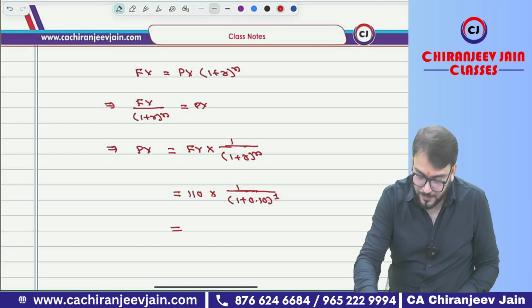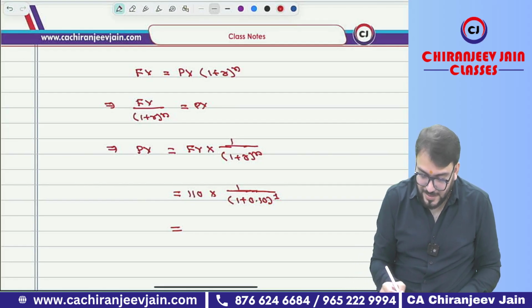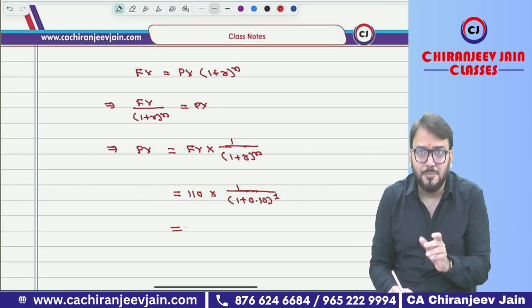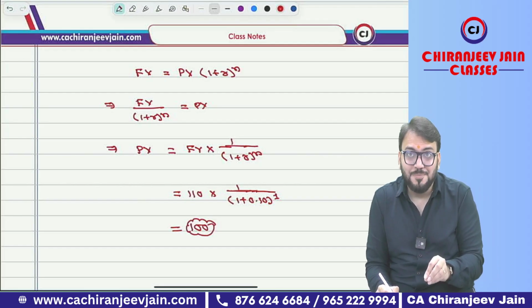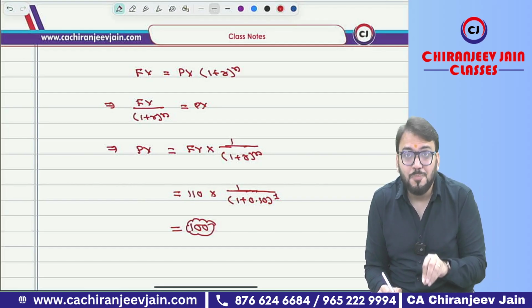Are you getting what I am saying? It is coming 99.99, means approximately 100 rupees. Approximately 100 rupees. Means we can easily convert future value into present value.